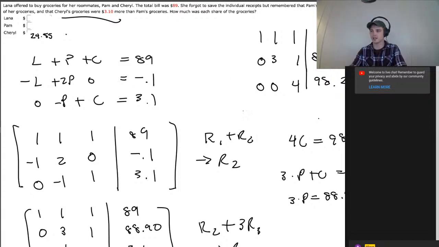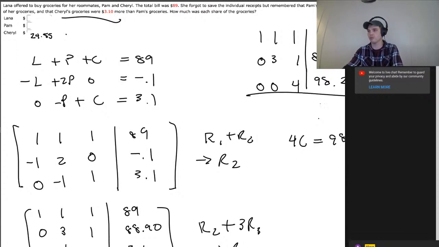Okay, so we got disconnected for a second there. So just go back a little bit. Hopefully I wasn't gone too long. So we found Cheryl with this last equation. 4 times C equals 98.2. We divided both sides by 4 and we got Cheryl equals 24.55. Okay.